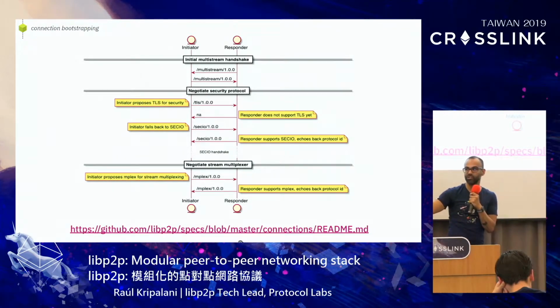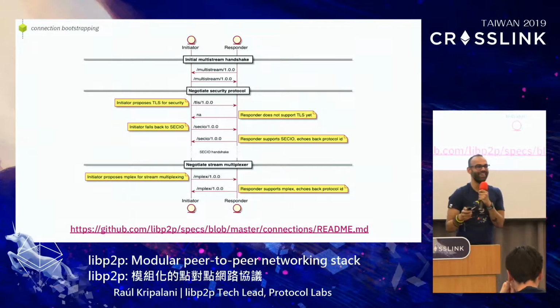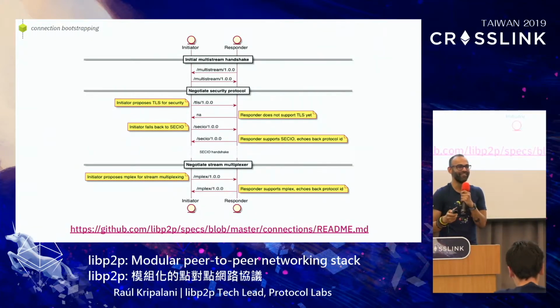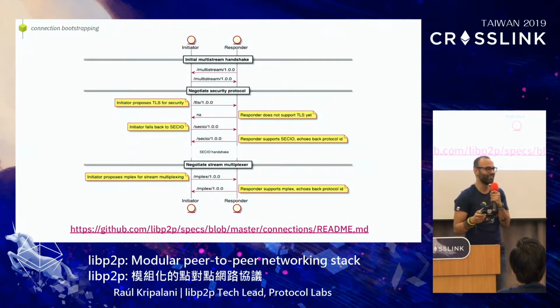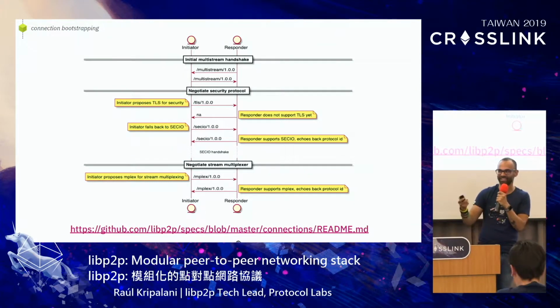I'm going to talk about the future now. If you want to read stuff like this and you're interested in understanding the nitty-gritty details of how this happens, then go to the libp2p specs repo and you'll find all of that information there. I'm proud to say that it is in a much better state than 4 or 5 months ago, where it was, in some cases, undocumented.